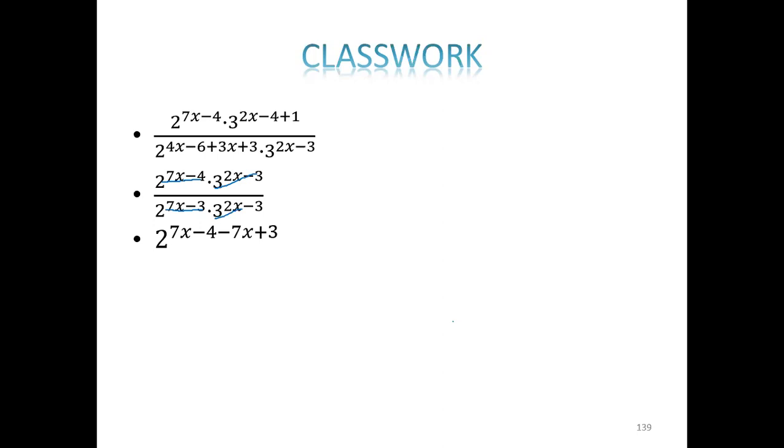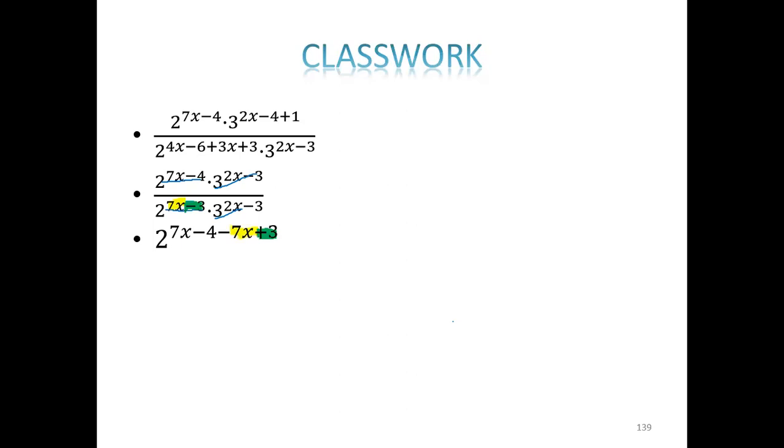As you can see here, all I did was take 7x minus 4. This 7 here, because it was positive, when I moved it to the numerator, it became negative. And this 3 here, because it was negative, when I moved it to the numerator, it became positive, okay? That's why we've got 7x minus 4 minus 7x plus 3.